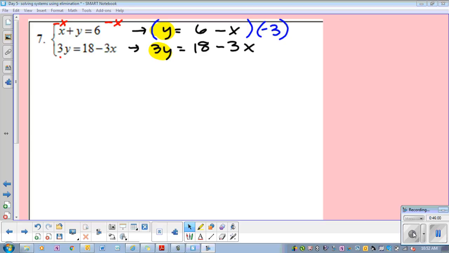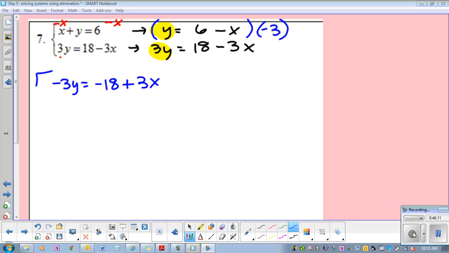Try it on your own, and then I'll put up my work. All right, so I'm going to put my work up. Should have -3y equals -18 plus 3x. Yes? The second one, we didn't do anything, so wait a minute. What is going to happen here?